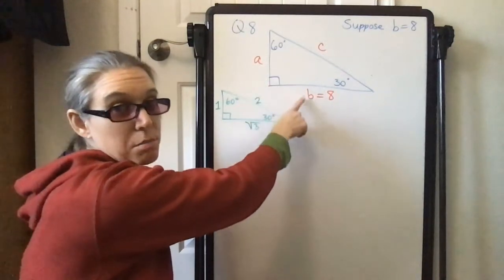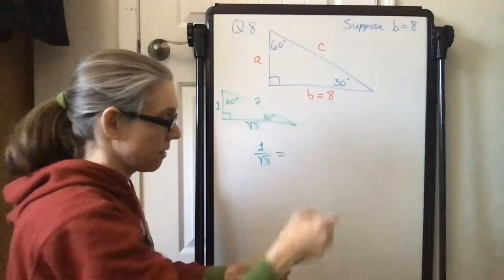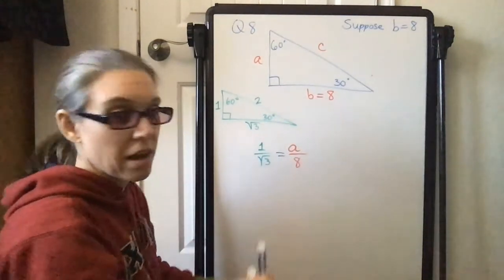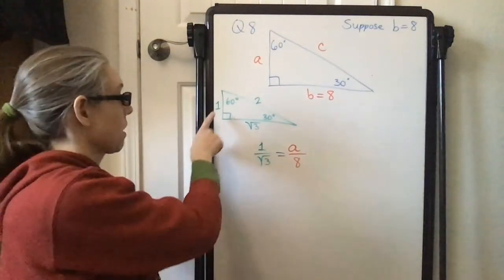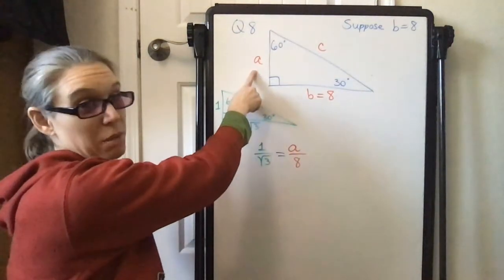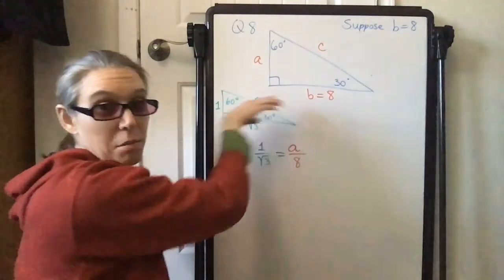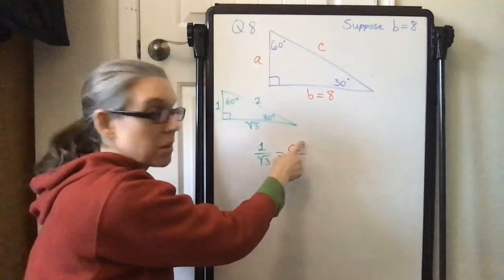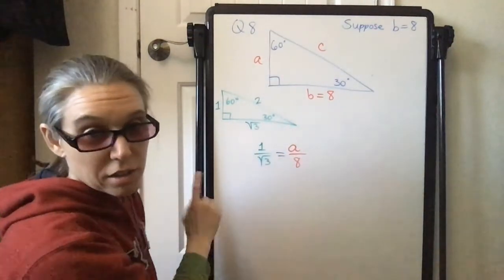As A is to B, replacing B with 8. Another way to say it is Baby Bear is to Mama Bear as Baby Bear is to Mama Bear. Make sure you keep the rhythm. Now I cross multiply.